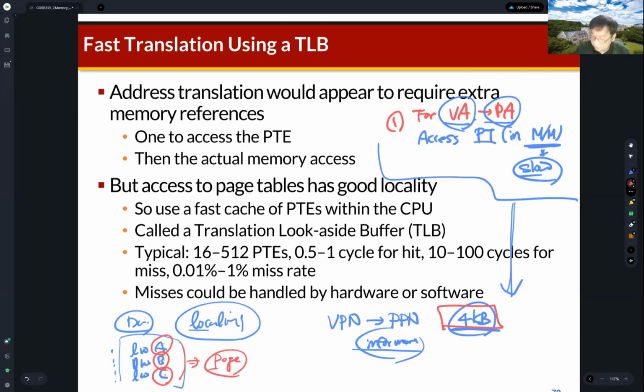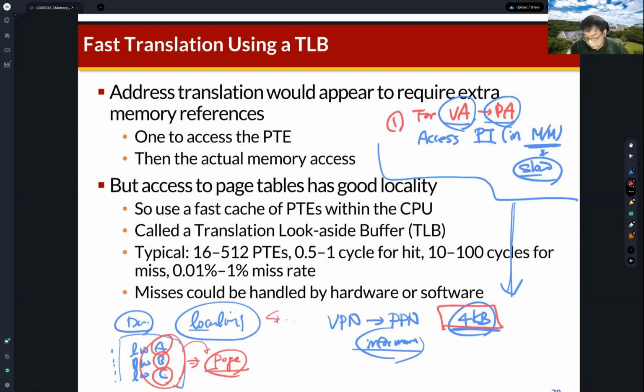Because the page size is 4 kilobytes, it's very large. When the data are requested by the same application, with high probability this data can be found in the same page, right? Because of the spatial locality.